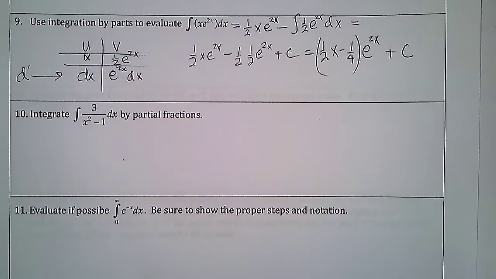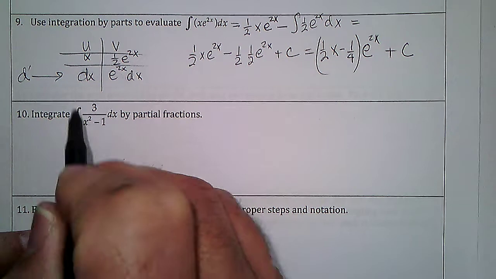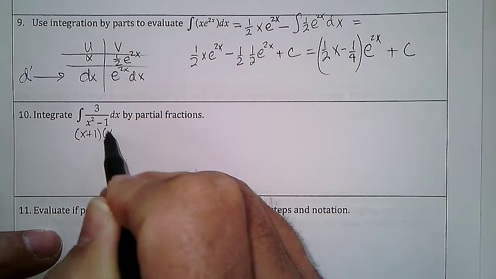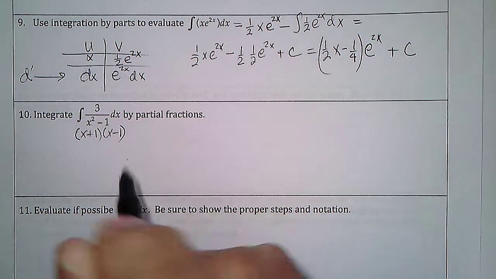By partial fractions. All right, so this factors to x plus 1 and x minus 1.